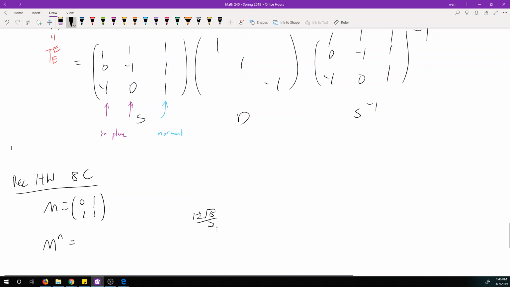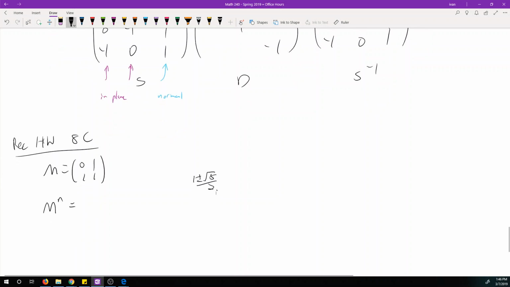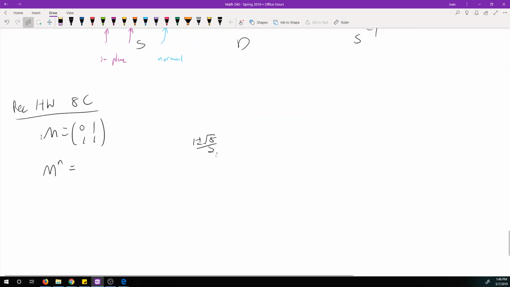So what you'll get then is, so you have s, right, m to the n is equal to, okay, so step 1 is to diagonalize m.